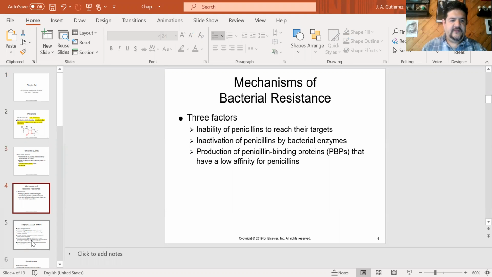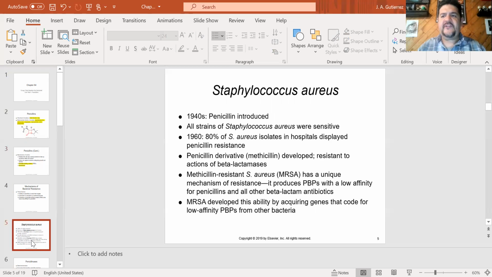Now, let's jump over here. I'll be jumping between two slides. So the first time penicillins were used was back in the 1940s. And when they started using it, it was amazing because they cured everything regarding infections. You have to remember that in the 1940s, the main event going on at that time was World War II.